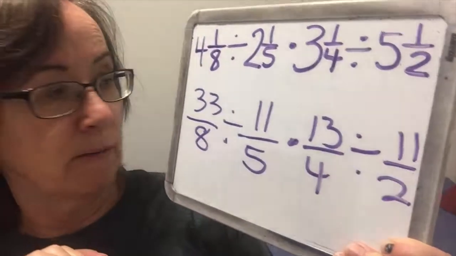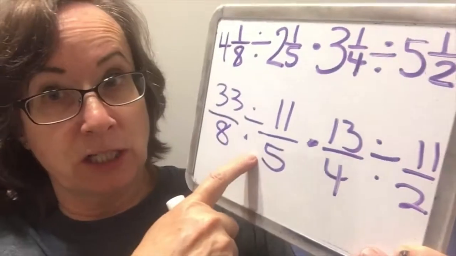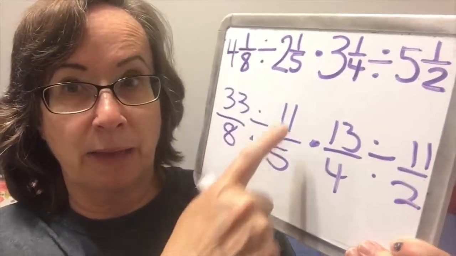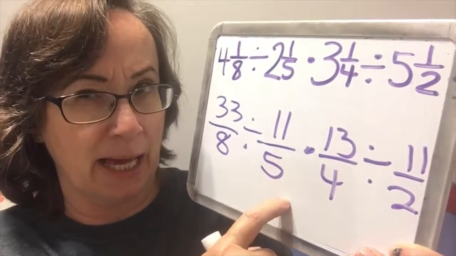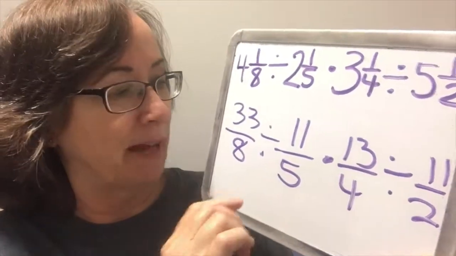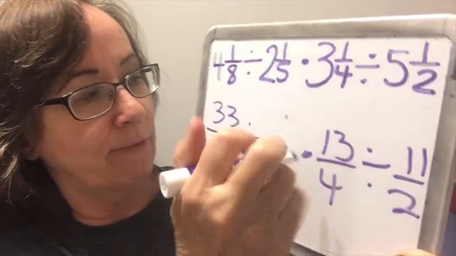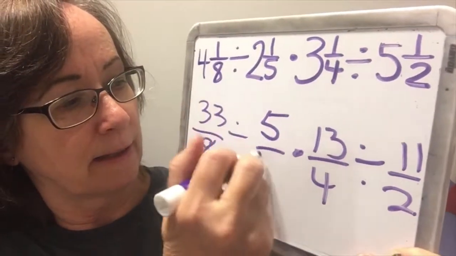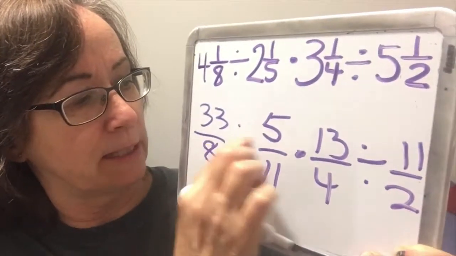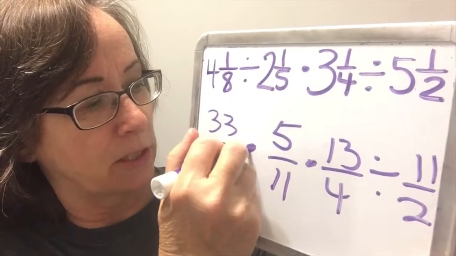Okay, so now we have a division, and to divide by 11/5 is the same as multiplying by 5/11. So let's flip this over, 5/11, and turn this one into multiplication.